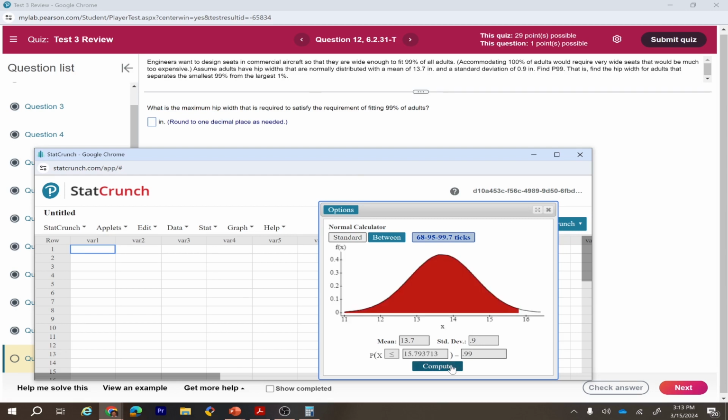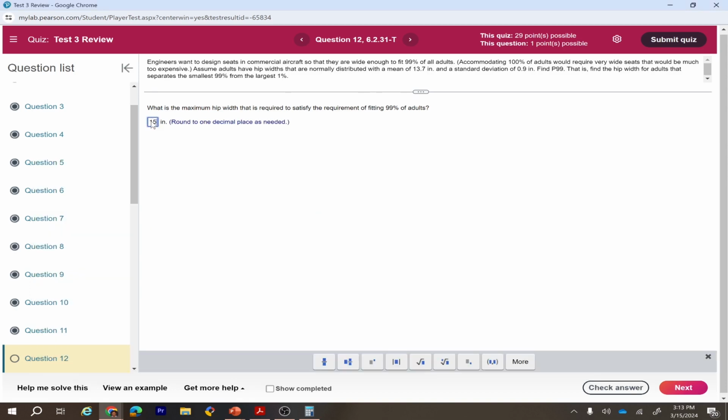If I hit compute, that's going to give me the value 15.8 if you round to 1 decimal place. Okay, so that is it, check answer.